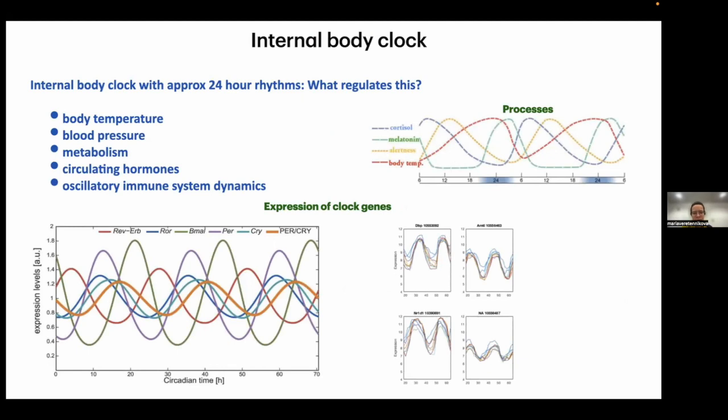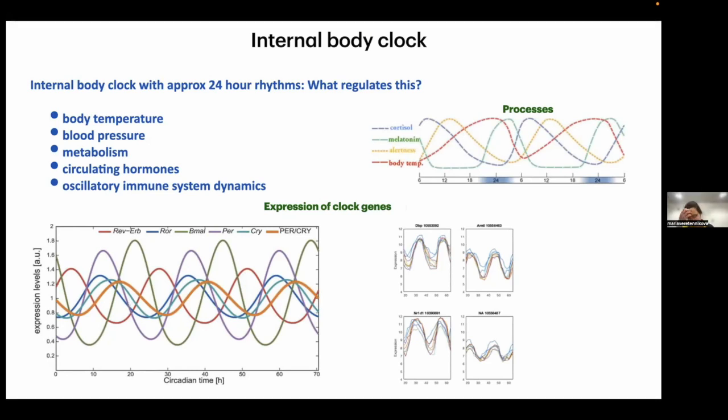You could ask the question, what stands behind this rhythmicity? What is it that sets this rhythm? Basically, if you look at the cells individually, then there are certain genes that could be called clock genes that oscillate in their presence, their abundance.